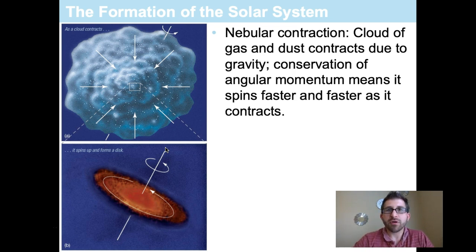So this flattening and squishing of the disk also allows the disk to spin faster, which only flattens and continues the process. Maintaining angular momentum is very important here.